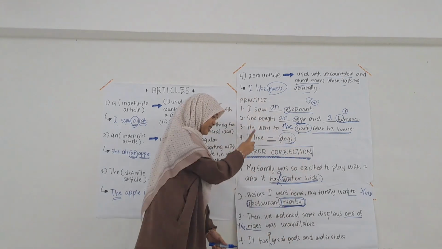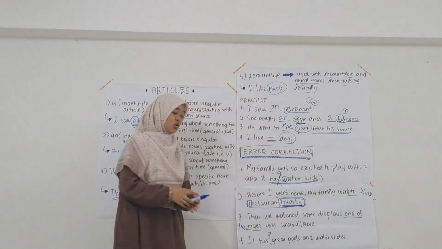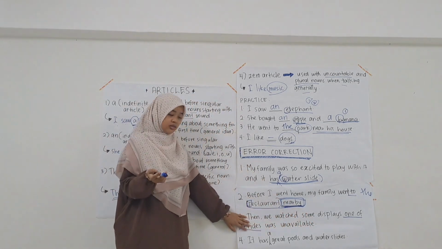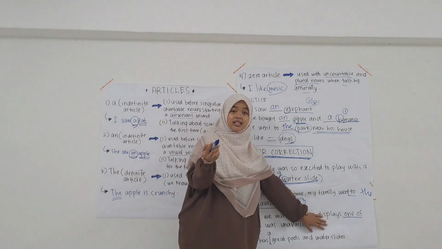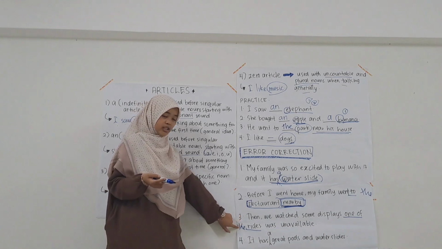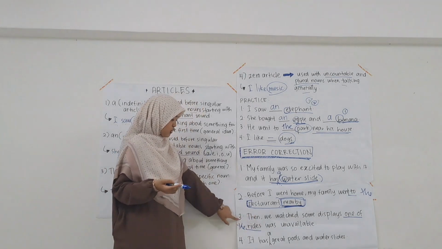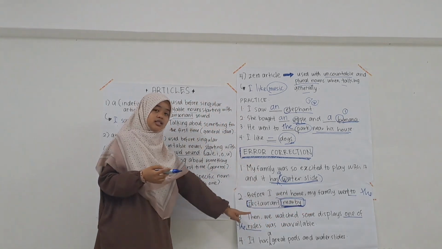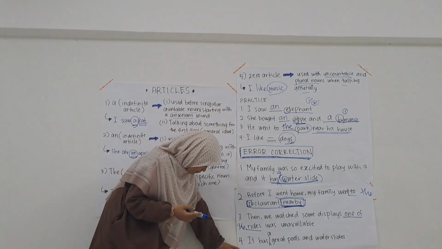In this context, you already know which ride was unavailable, right? So one of the many rides. You have to put the definite article the before the noun rides. Then we watched some displays. One of the rides was unavailable. Okay, good job.